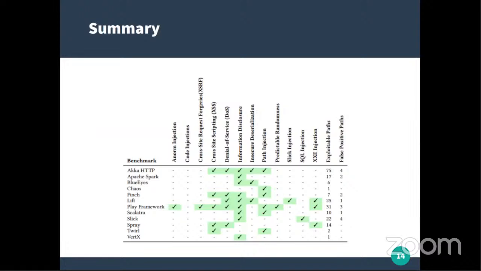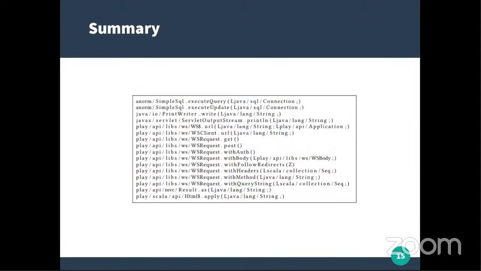Here you can see the summary of the identified vulnerabilities in the popular Scala projects. We consider them popular based on their stars and contribution size on GitHub. Here you can see the list of most frequently exploited sync methods in our benchmark suite during our experiment.